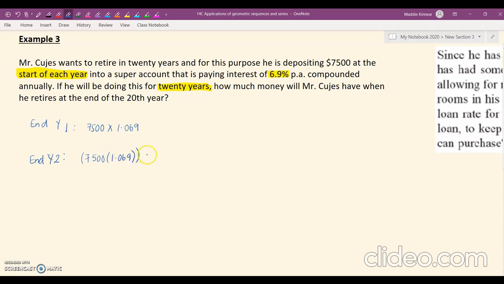And you would then be adding in an extra 7,500 at the start. And then at the end of this year, you would then have the interest earned on all of that. So you'd be multiplying it all by 1.069. If I just expand that, I can multiply everything inside this bracket by 1.069. So I'm going to end up then with 7,500 times 1.069 squared plus 7,500 times 1.069.